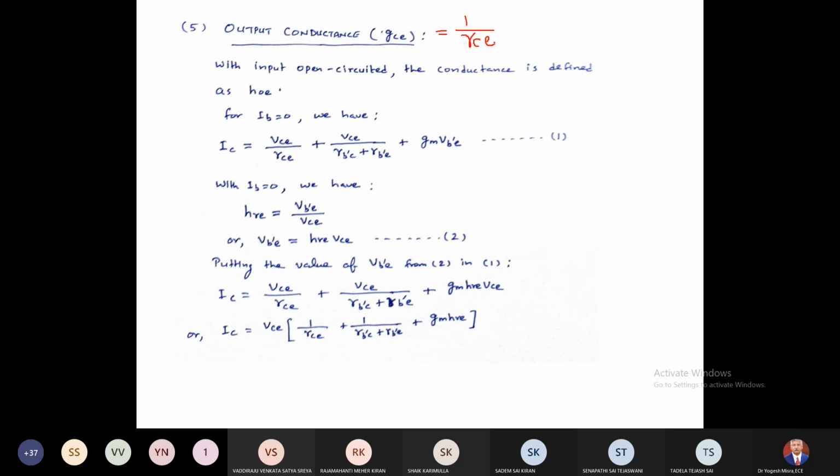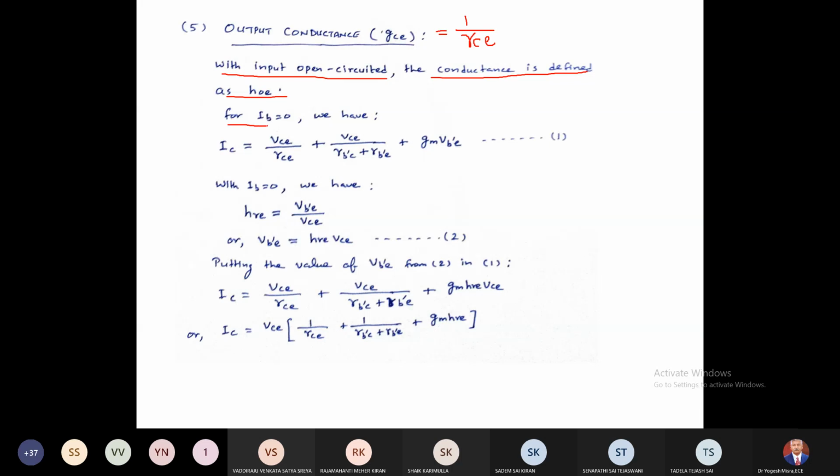So if you recall, when we calculated during the h parameter or during the Darlington pair, the output resistance, output admittance, then we made the open circuit at the input side, right? So same thing we will follow with input open circuit. The conductance is defined as HOE, right? If you recall, while calculating HOE, we make the input side open circuit.